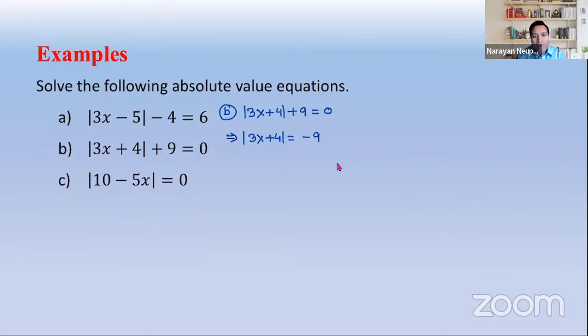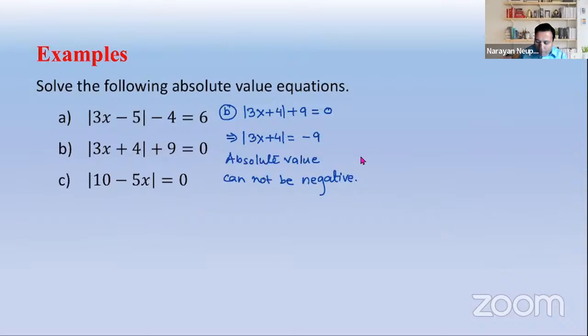See, when we find the absolute value, you are getting a -9. Absolute value cannot be negative. That means this equation has no solution. Or when you graph the function, the graph will not cross the x-axis.